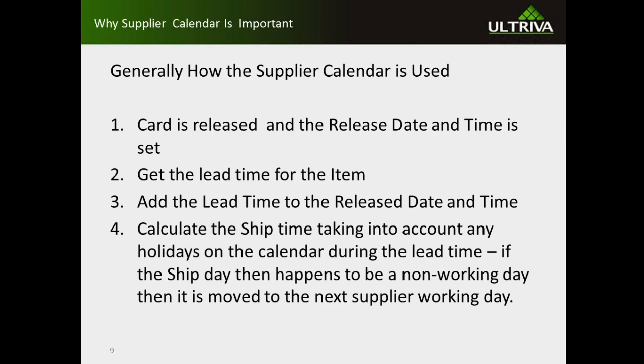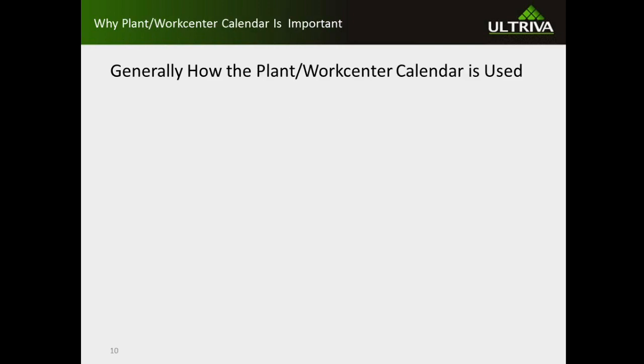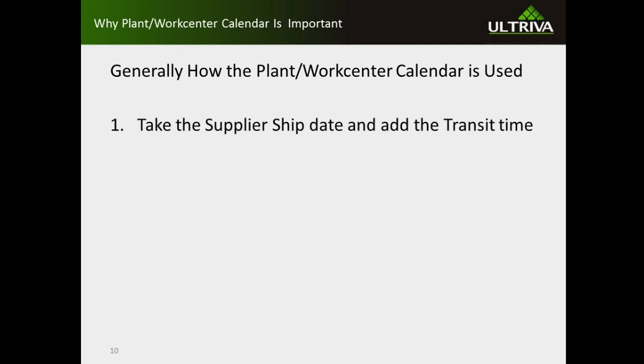And then once it gets that ship date, if it's on a non-working day, Ultriva then moves that to the next supplier working day. And for the plant, generally, once we get that supplier ship date, we add the transit time to that.